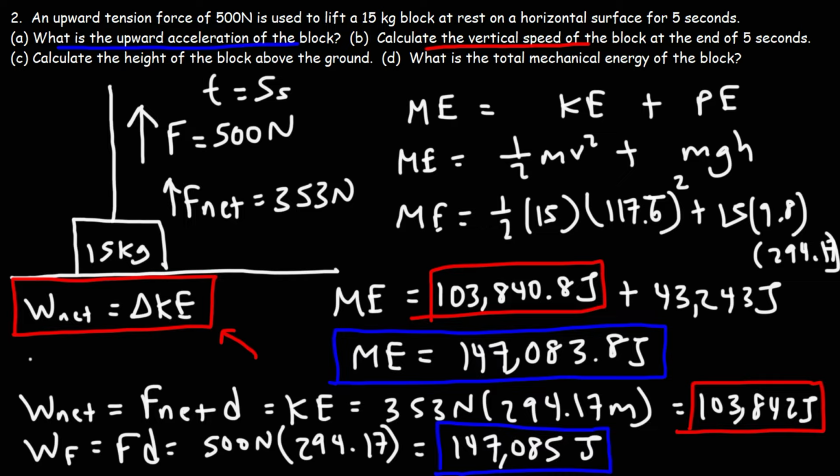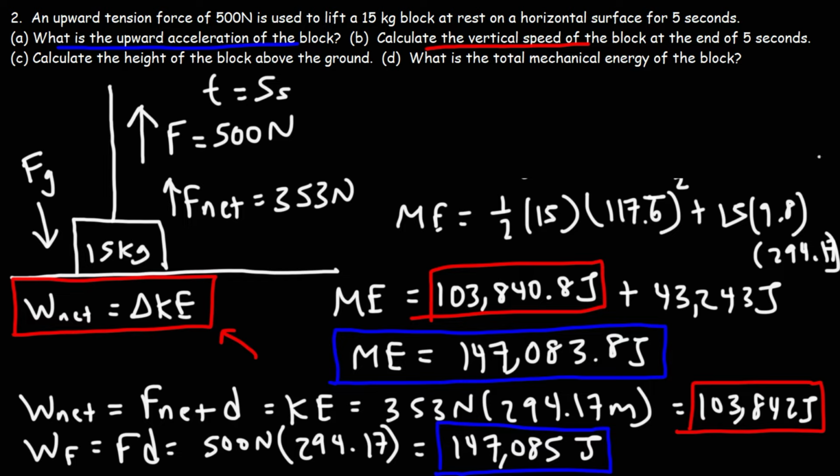Now, if we were to take the work done by the conservative force of gravity, that will give us the change in potential energy. So let's calculate the work done by gravity. The downward gravitational force, that was mg, that was 15 times 9.8.